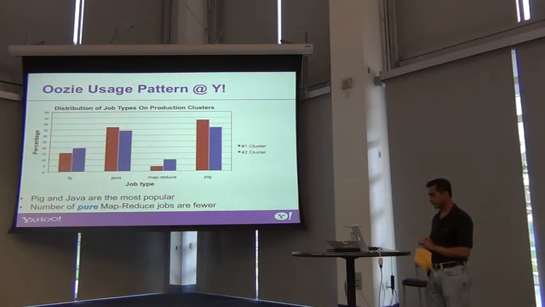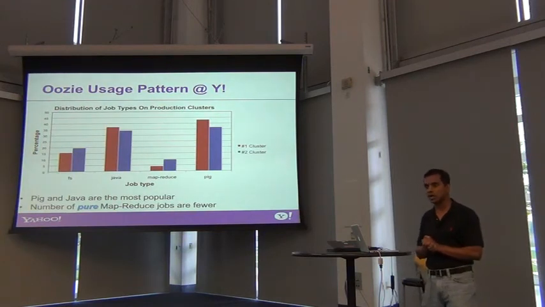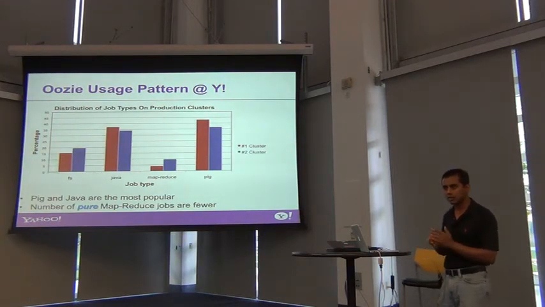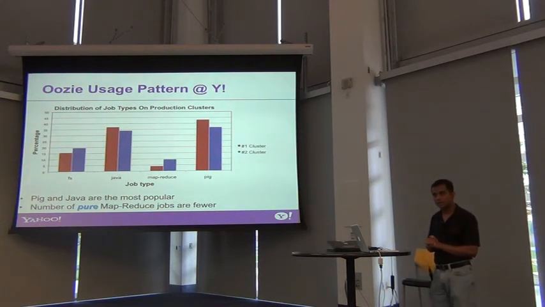So this is one of the things we can see here. We took 2 clusters and took the data. On the x-axis you see different types of jobs: the file system job, like file system data movement and other things, Java code, pure MapReduce code, and Pig script. When we took this data, Hive was not supported, but now Hive is supported.